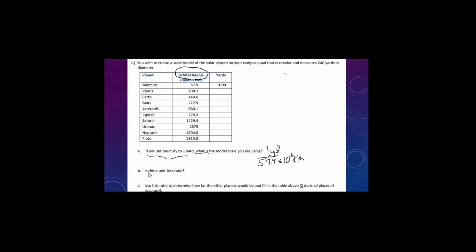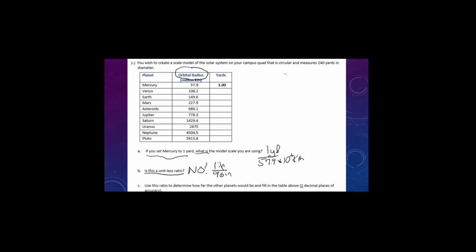Is this a unitless ratio? No. You can't cancel yards and kilometers. A unitless ratio, like on an architectural drawing, sometimes they have, say, it's 1 inch on the model to 96 inches in the actual building they're making.